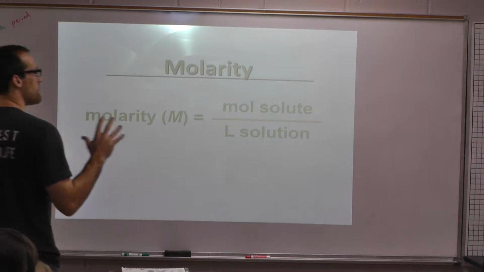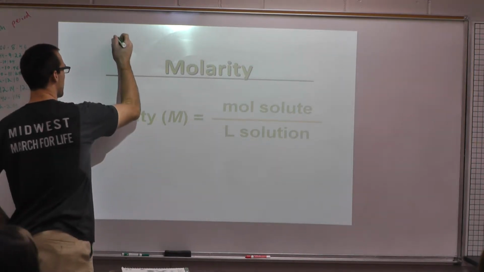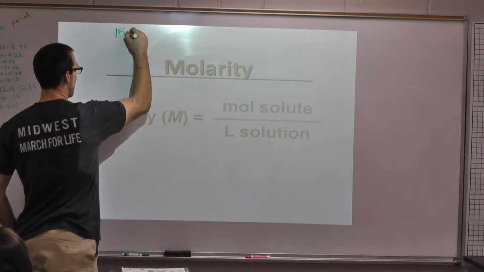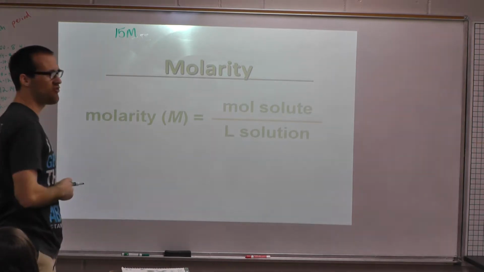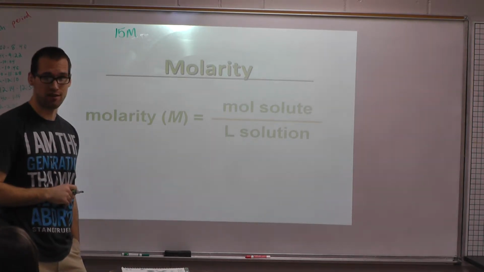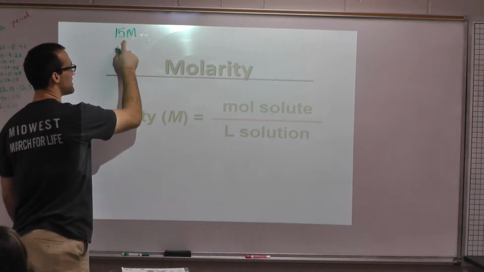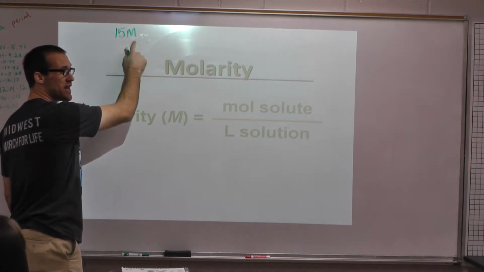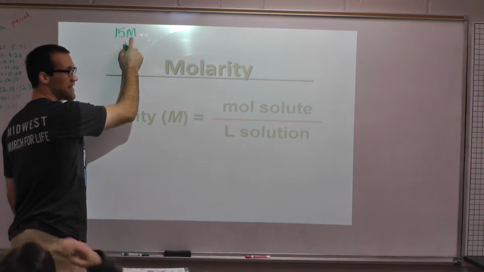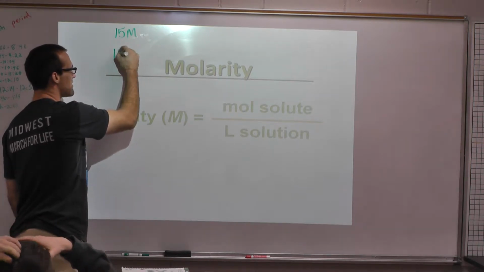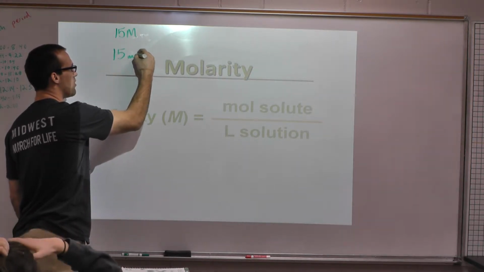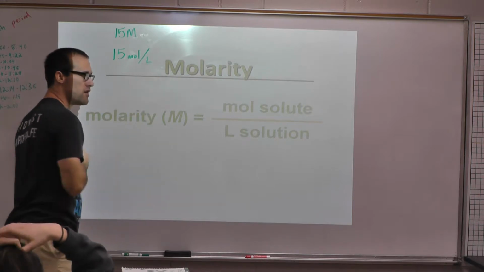Now, I want to make something clear. I can say I have a 15 molar solution. What does that mean? This is probably how I'm going to show the unit, but this unit is a derived unit. It's also the same as saying I have 15 moles per liter.